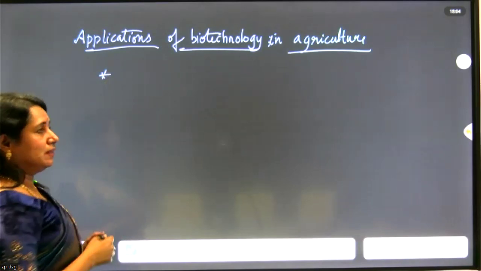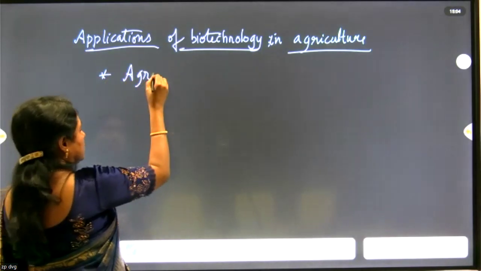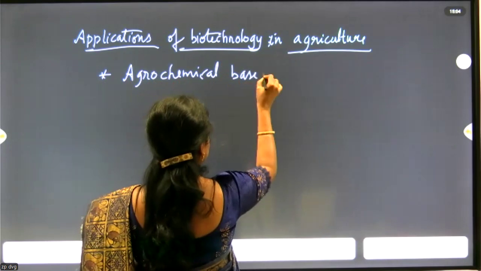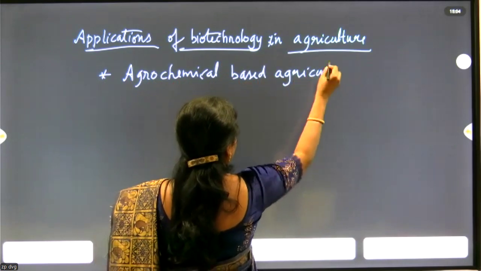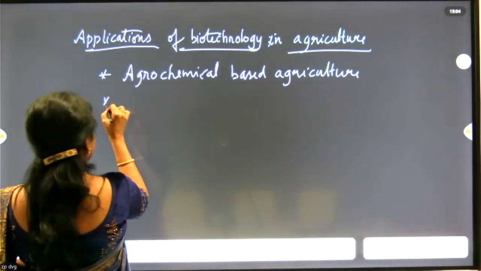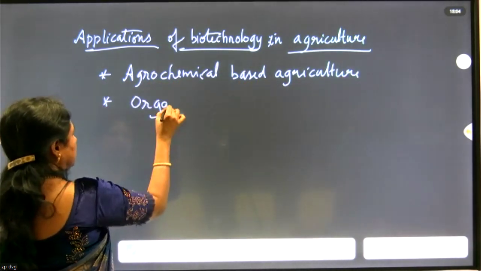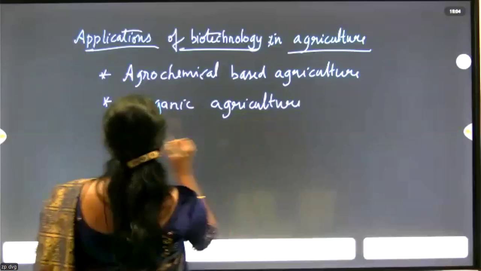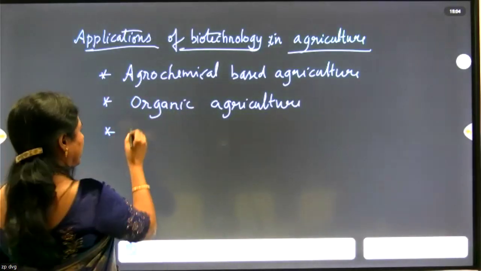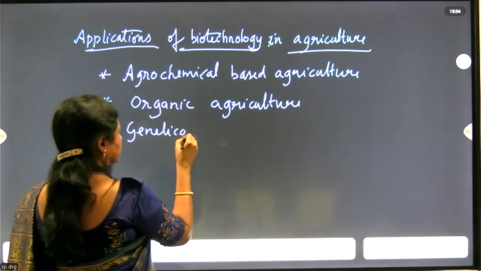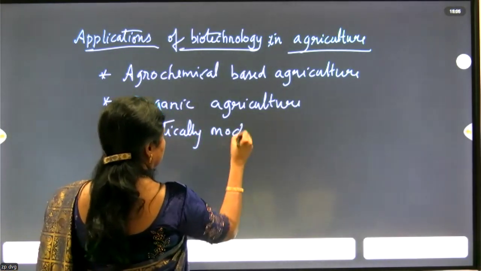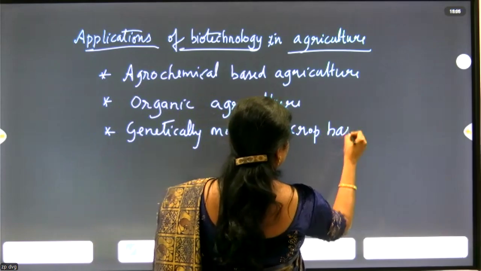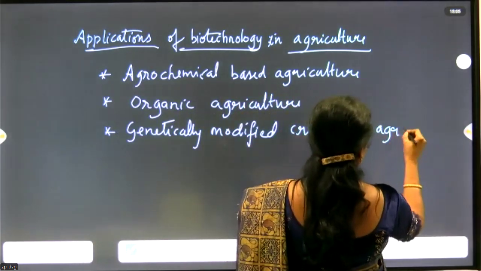One, you can go with agrochemical based agriculture, which is the oldest method of agriculture. The next one, the more recent one, is organic agriculture. And the third and very recent one is genetically modified crop based agriculture.